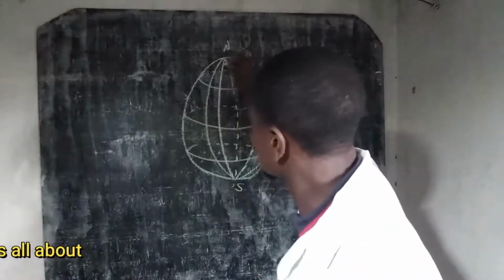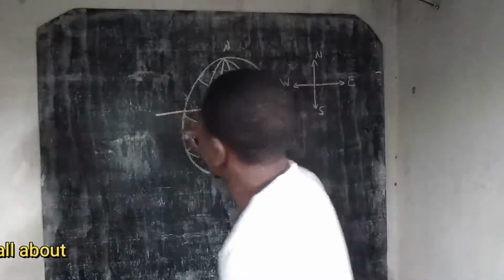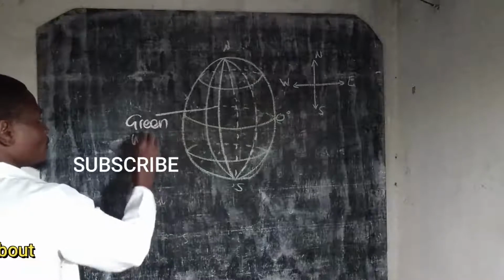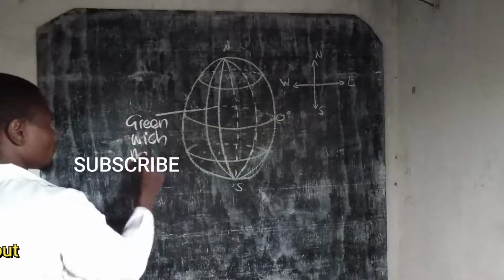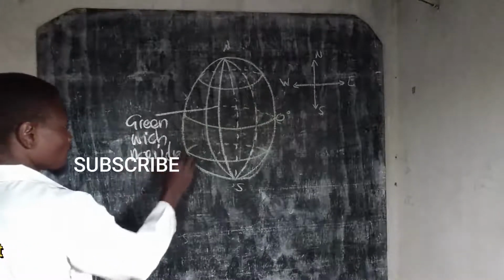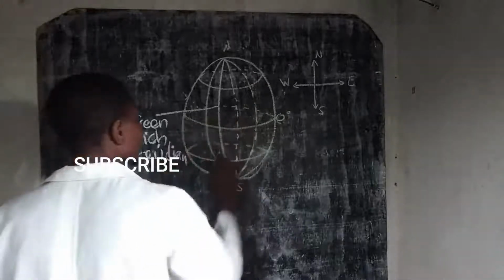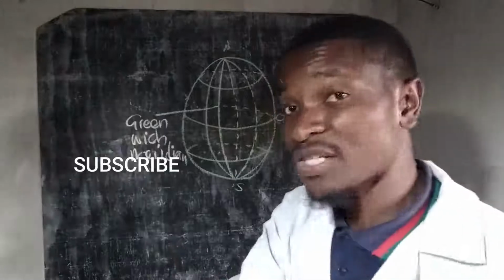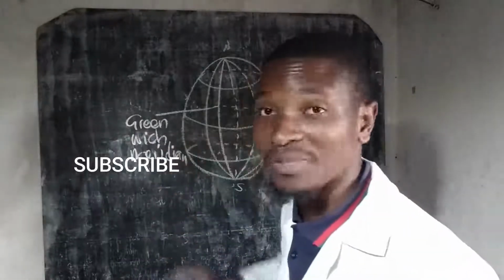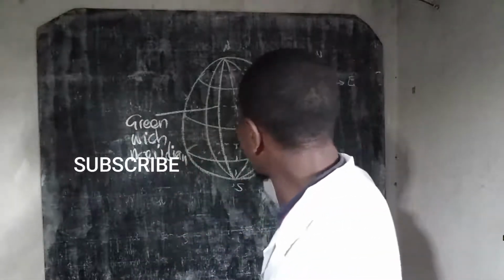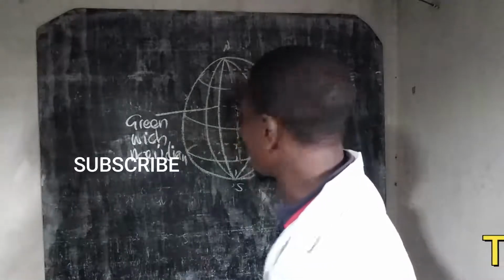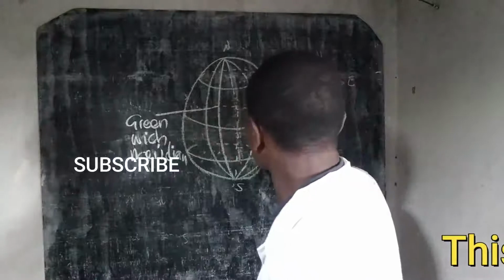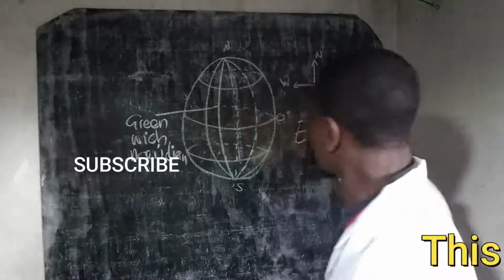So this is the Greenwich Meridian. If any point lies above that line, then that is east.